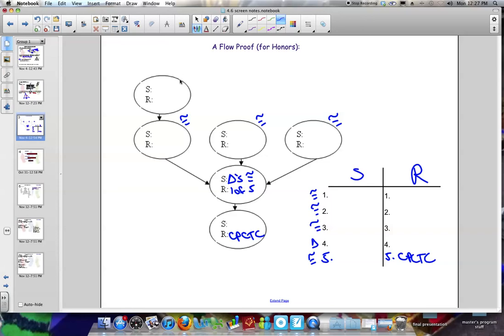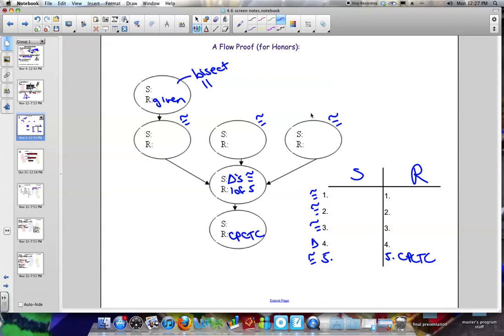You might be wondering what this other bubble is above that. That would be if you're given something that isn't directly a congruent piece, but that leads you to a congruent piece. So this would be where you would put if something is bisected, if something is parallel, or if something is a right angle. It leads you to something that is congruent.